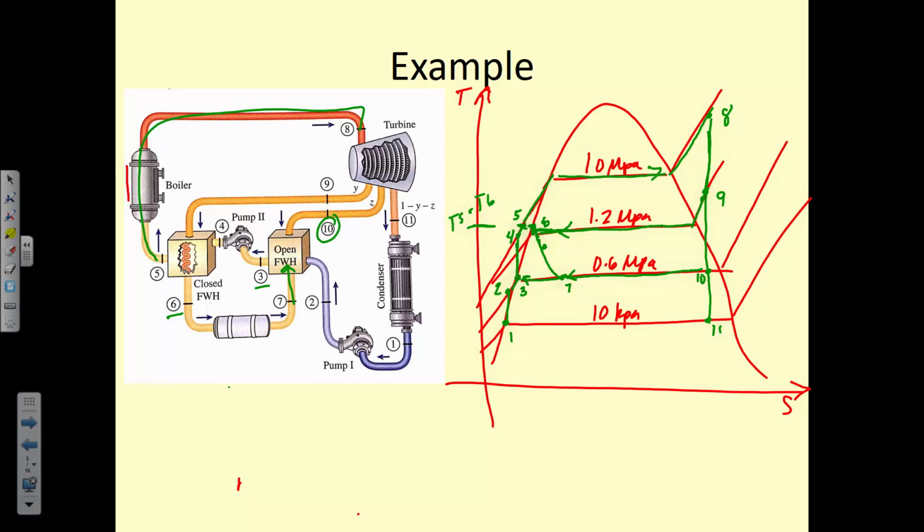So that goes that direction. And this goes this direction. This goes this direction. So if we have to draw that in the test, I'm going to be pretty lenient on that. I'm mostly concerned that you understand how TS diagrams work.